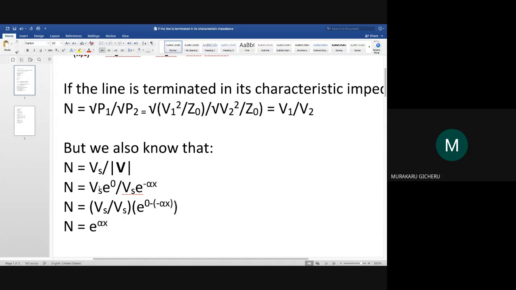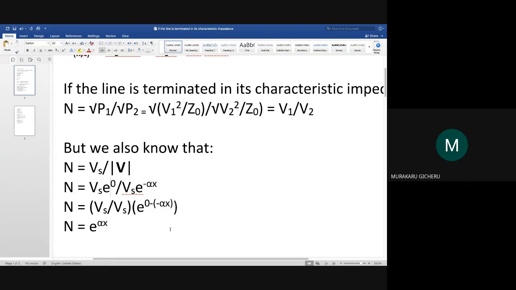So writing Vs is just like writing Vs e to the power 0, because e to the power of 0 is just 1. So it's going to be Vs e to the power 0 divided by Vs e to the power of minus alpha x.